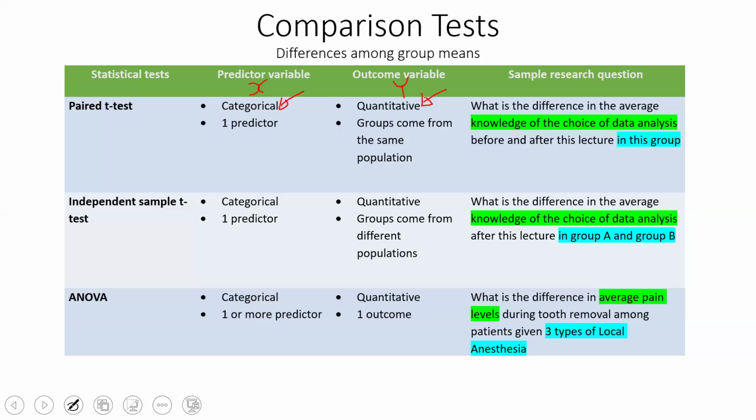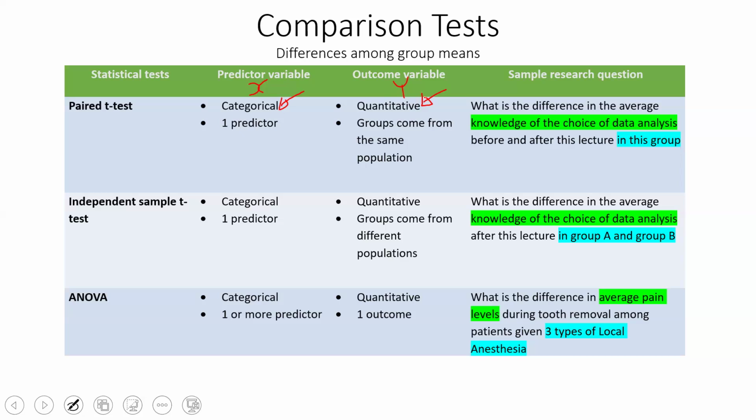What is the difference in the average knowledge of the choice of data analysis before and after this lecture in this group? So assuming I'm going to give a pre-test and a post-test before this study, and I want to see the effect of my class, if it has improved your knowledge of data analysis, and then I have a pre-test, a post-test, and I'm checking the average to see which one was better.